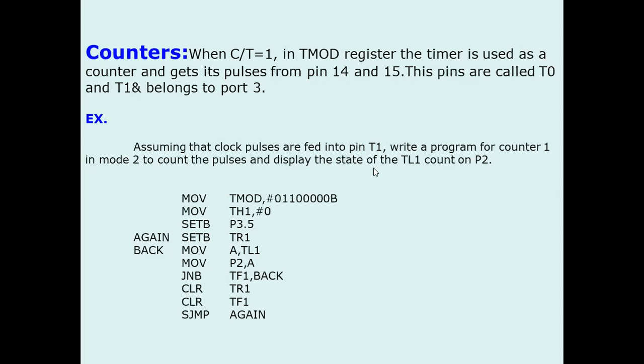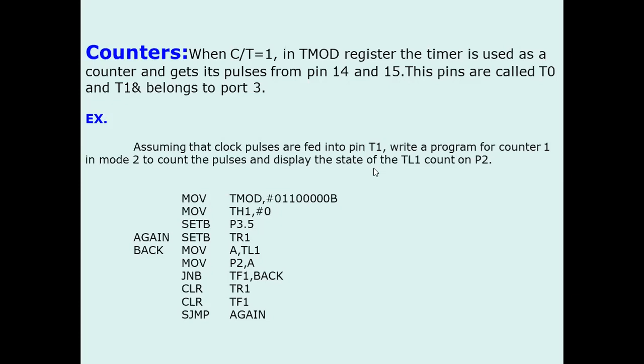If we use counter 0 to count some external event, the external pulses come through the T0 pin, and if we use counter 1, the external pulses come through T1.